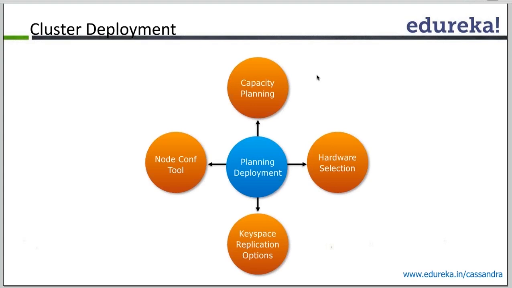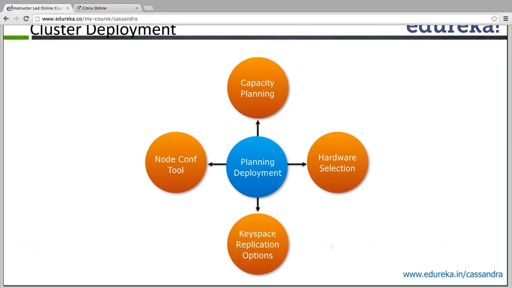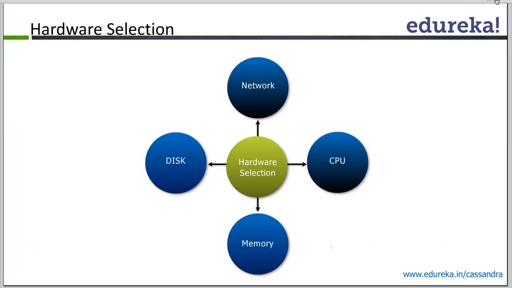That's your capacity planning. Then the type of hardware that you use, the keyspace replication options that you will have, and the node configuration tools. We'll talk about each of them in detail, as to what they mean and the purpose behind them.